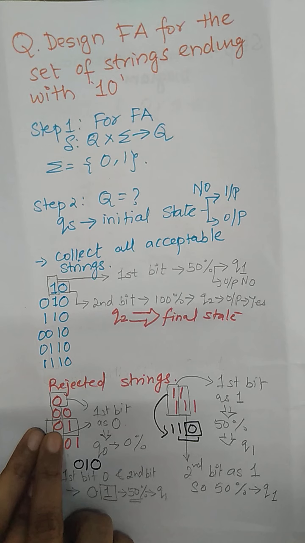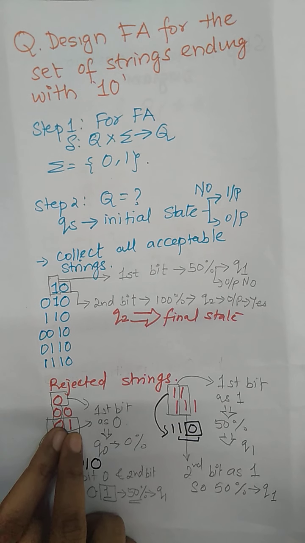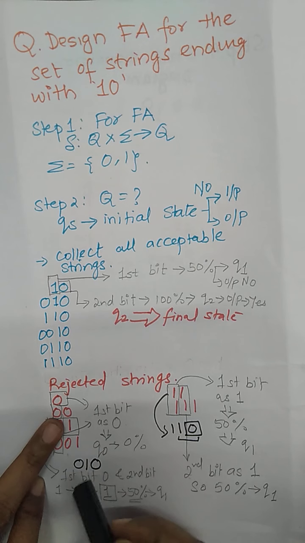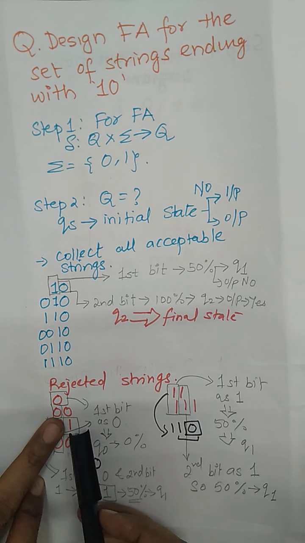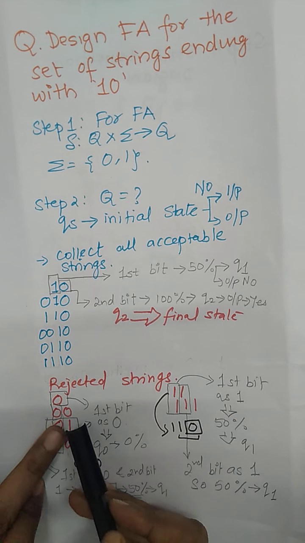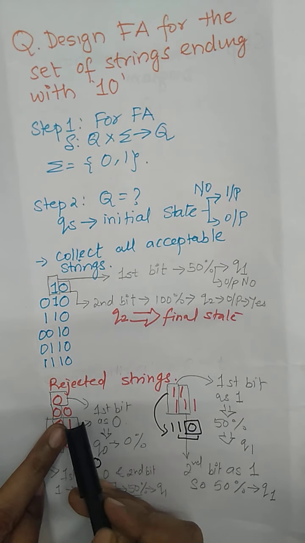That means this is the second last bit and this one is the last bit. So the second last bit is 0, total rejection. But if we check the last bit as 1, and we are ready to accept the next bit, the next bit can be 0 and 1. So in this case the last bit will be treated as the second last bit.